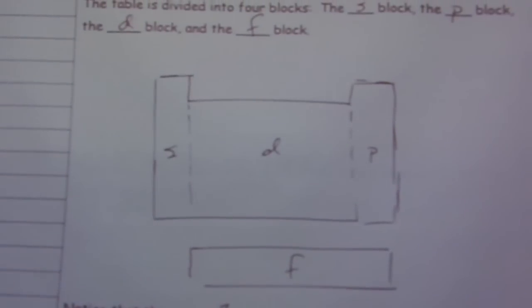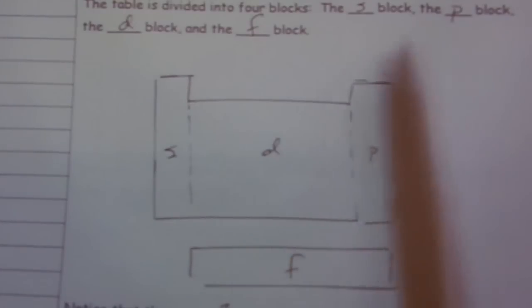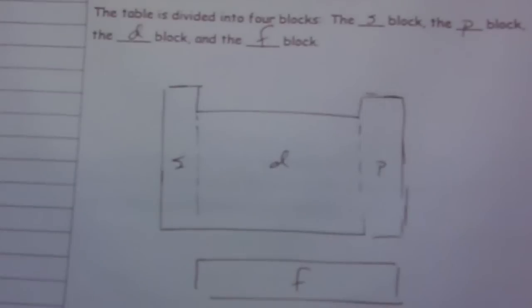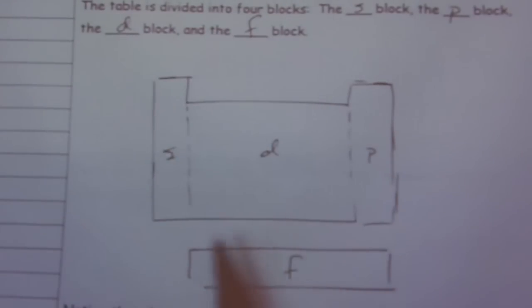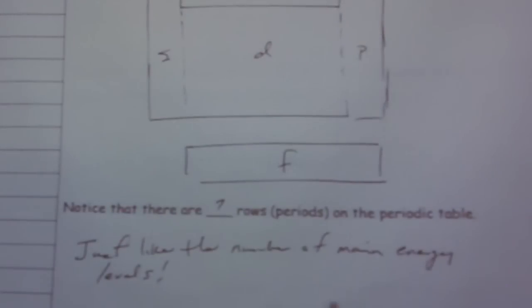All right. Next, incredibly, the periodic table can be used to make the task of writing electron configurations much easier. If you look at the periodic table, you can divide it into 4 blocks: S, P, D, and F block. So notice there are 7 rows on the periodic table, and that's just like the number of main energy levels.